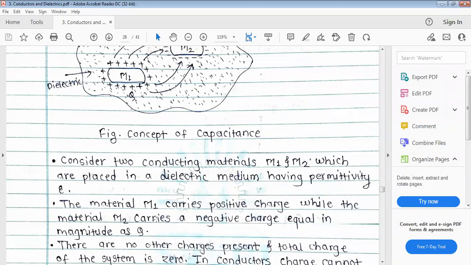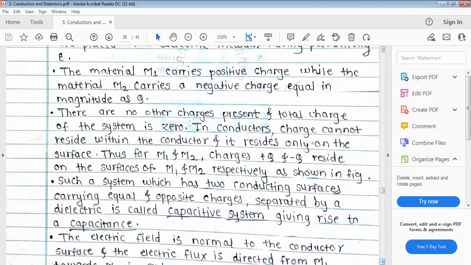Okay, and the material M1 carries positive charge and M2 carries negative charge equal in magnitude. I told you that M1 is positively charged and M2 is negatively charged, and both have the same charge, that is Q, right? There are no other charges present in that dielectric material.